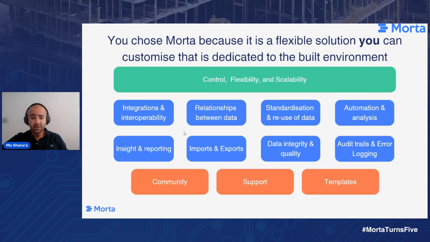By collecting consistent data, organizations hope to get better insight and better reporting. And we've always looked to support that via things like Power BI dashboards, Power BI being able to read data from Morta through the API. But we've also begun introducing concepts related to chart views that I'll talk about in a bit.